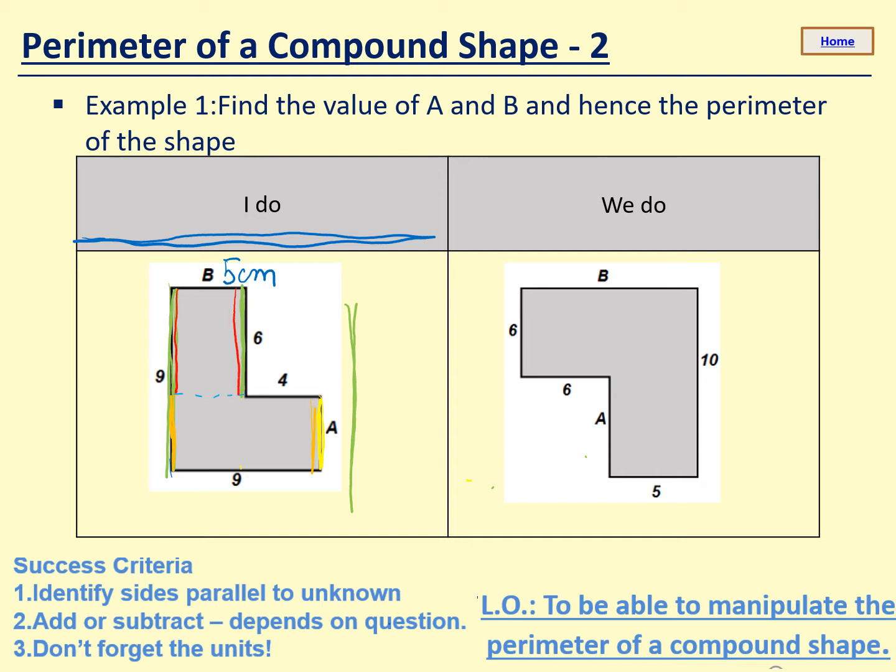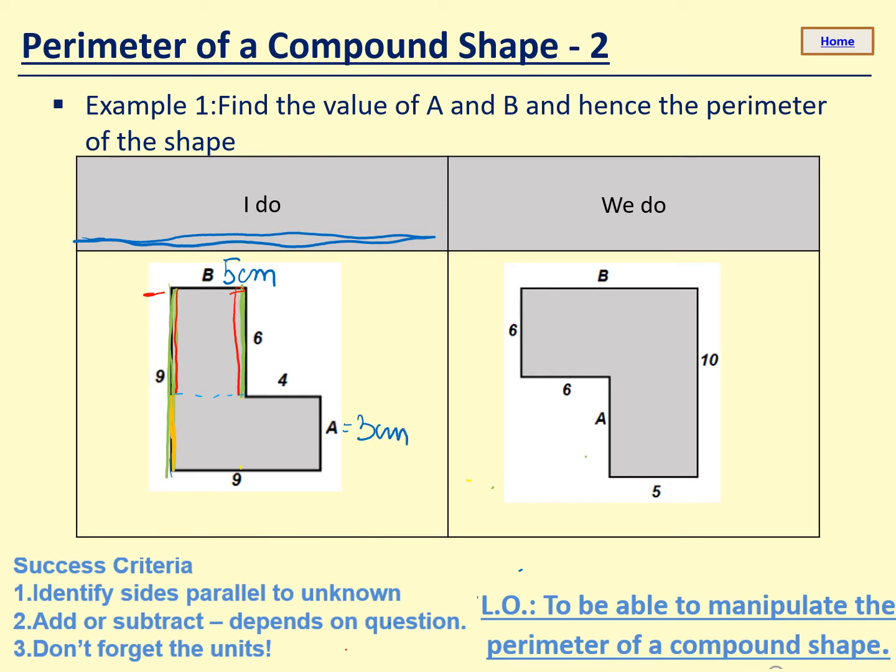And I know that the whole thing is 9. So to work out A, I need to take away this, which is 6 centimeters, from the whole line, which is 9. So 9 minus 6 equals 3 centimeters. So my A is 3 centimeters.